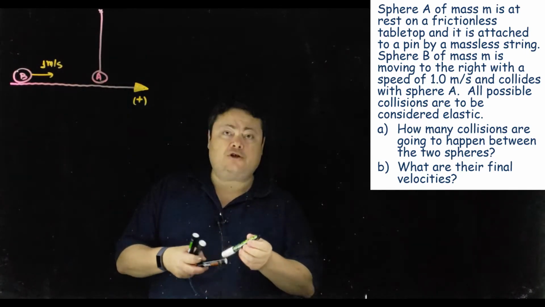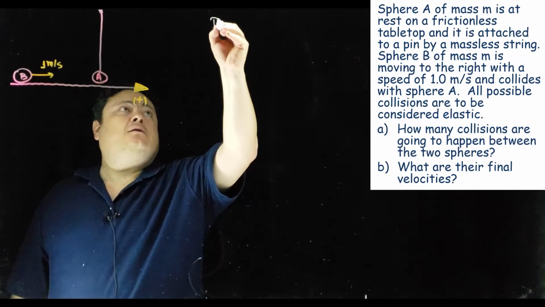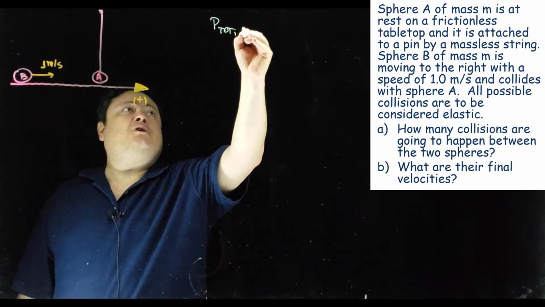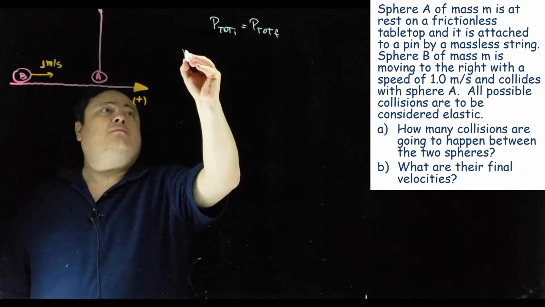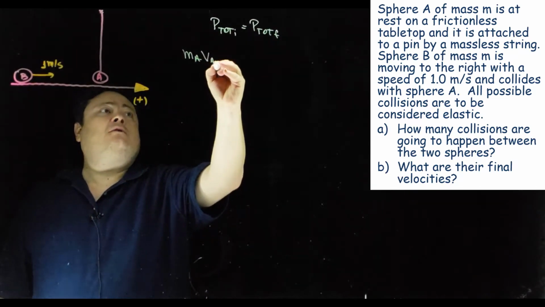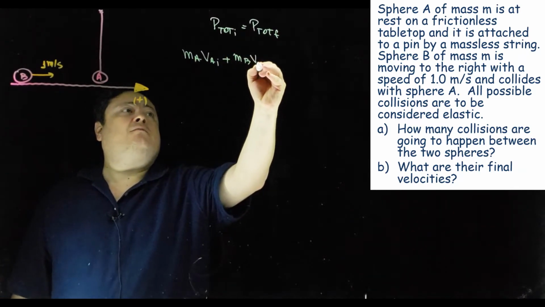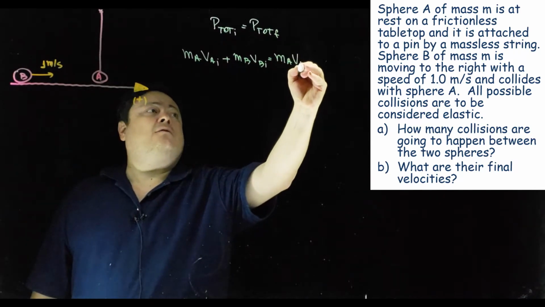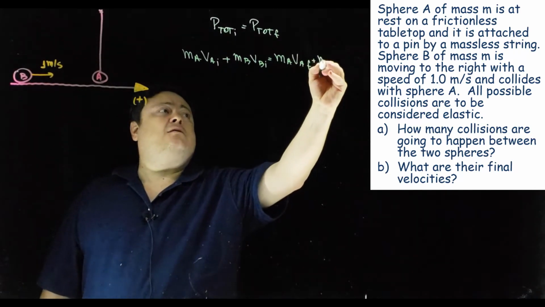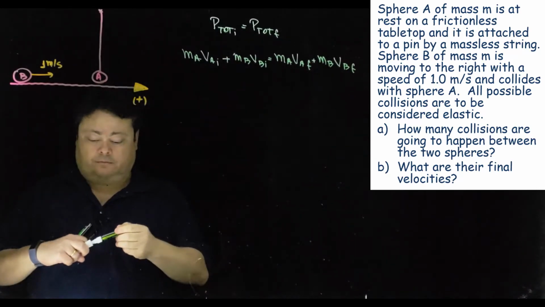Perfectly elastic collision, momentum is conserved. So I can say that total momentum initial equals total momentum final, or MA VA initial plus MB VB initial equals MA VA final plus MB VB final.